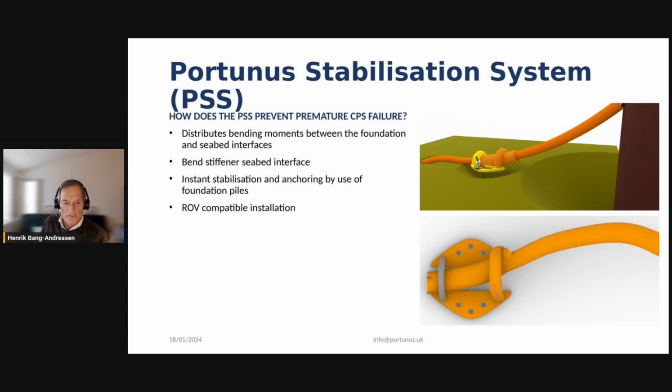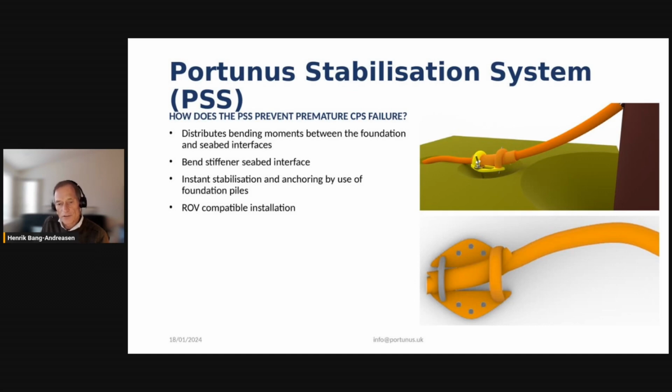We do this by using the screw piles, we provide instant stabilization, and we actually get the anchoring by use of these foundation piles. And as we said before, we can do this with remotely operated vehicles, and we show here the two pictures.